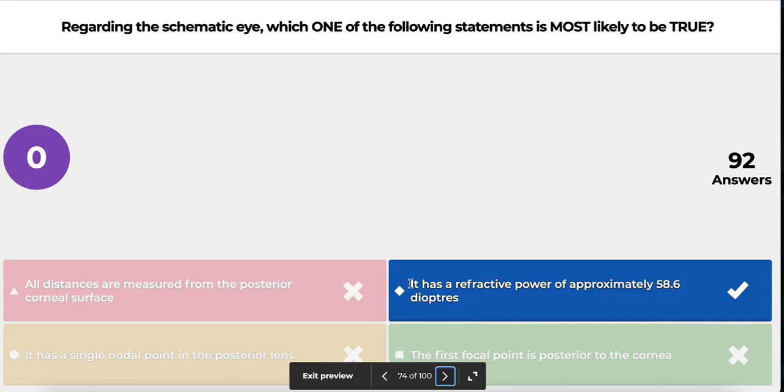Yes, it is B. It has a refractive power of approximately 58.6 diopters, which makes it different from the Gullstrand eye. All distances are measured from the anterior corneal surface, and it has two nodal points that are straddling the posterior lens, and the first focal point is in front of the cornea.